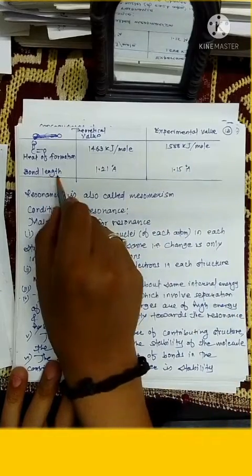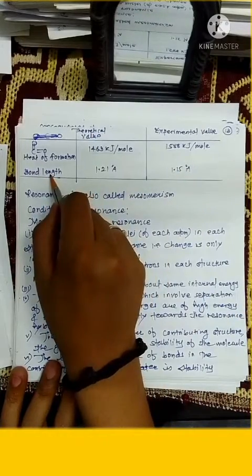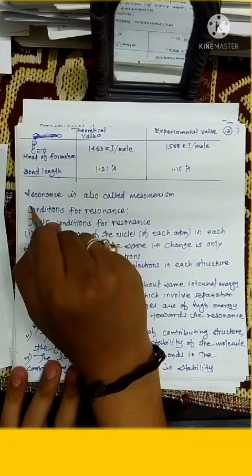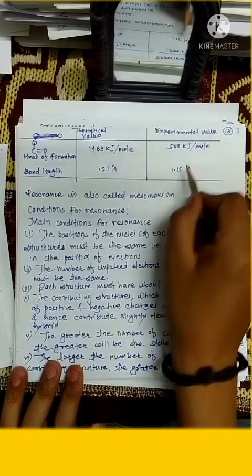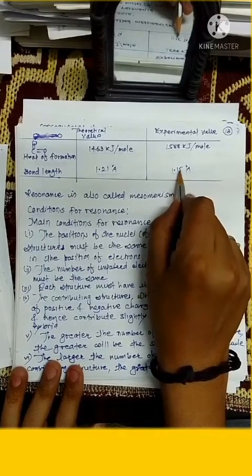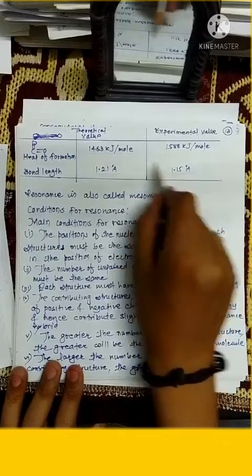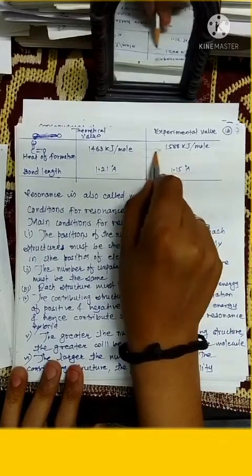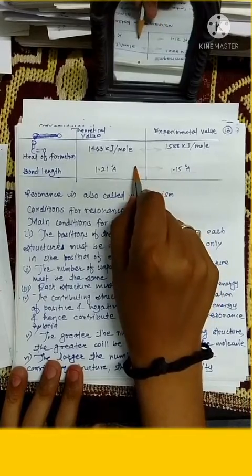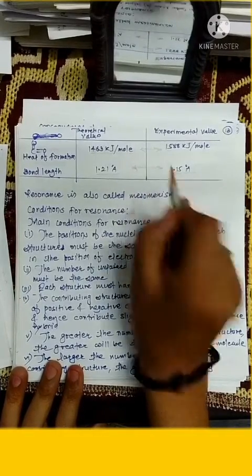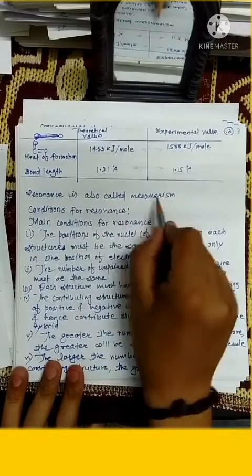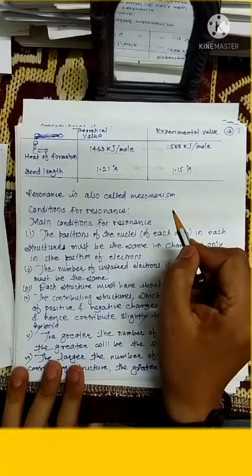The theoretical bond length is 1.2 Angstrom, and the actual experimental bond length which is found is 1.15 Angstrom. Why does this difference come? It is explained on the basis of resonance. Resonance is also called mesomerism.